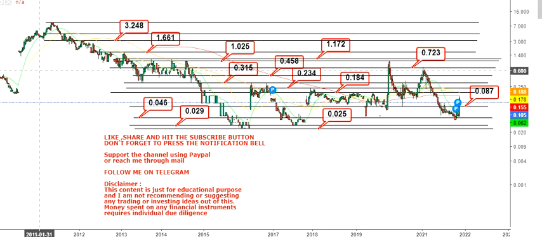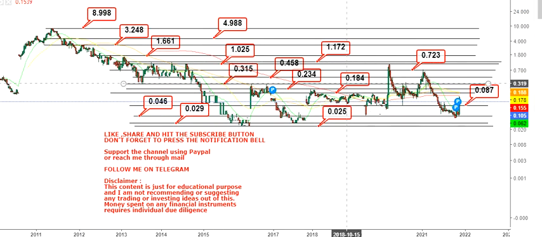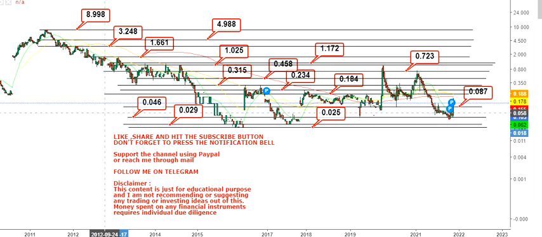So after 1.66 we have 3.24, we have 4.9, and the big target of 8.99. So after the range breaks out, you have all these targets in the longer term time frame. But focus on your trade as well as your trend, trail your stop loss, do not take unnecessary risk.